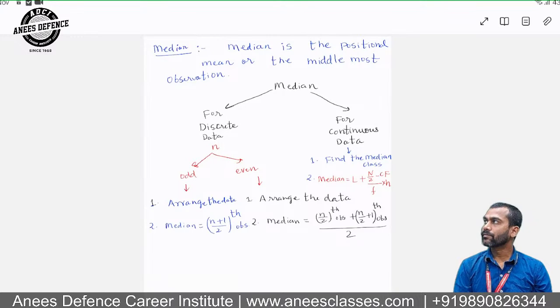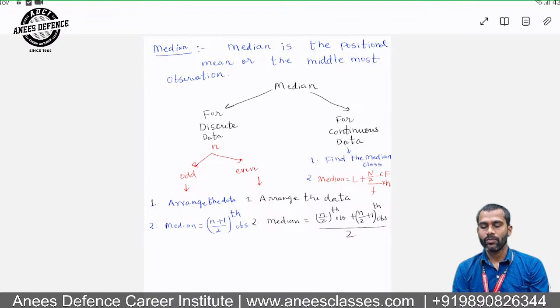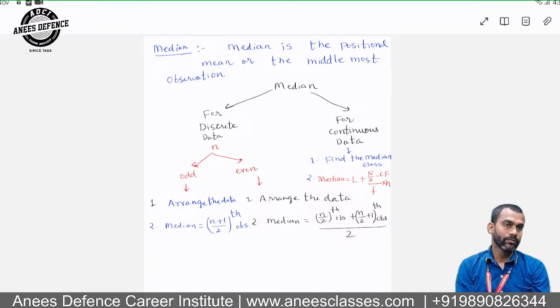Please note it down. These are the formulae that we have already covered in 10th standard. We'll tell you what is L, what is n, what is CF, everything. Understood?